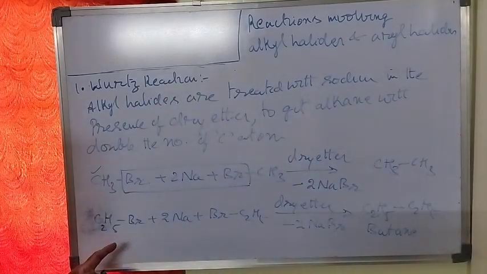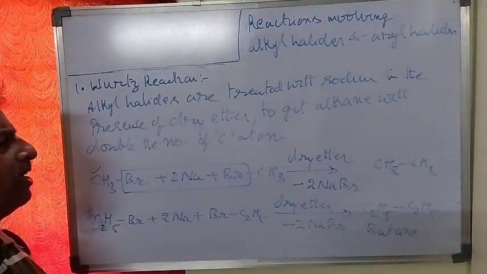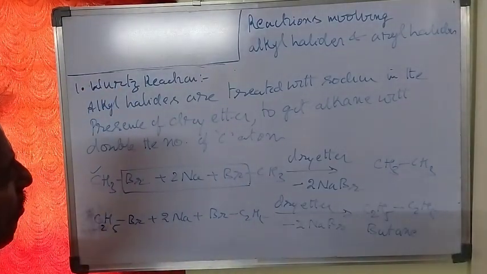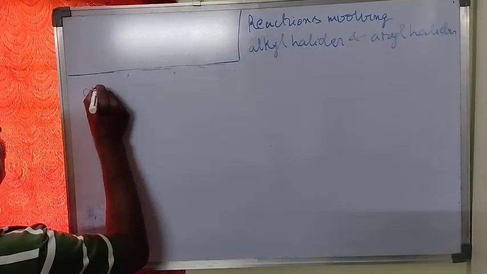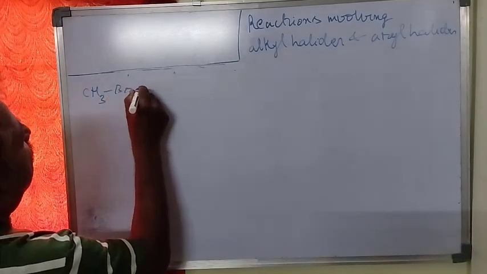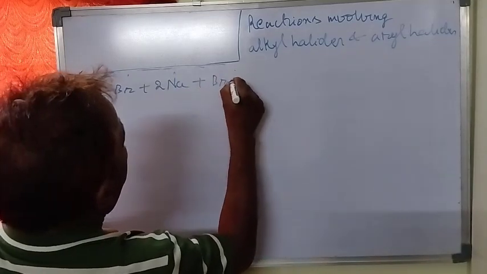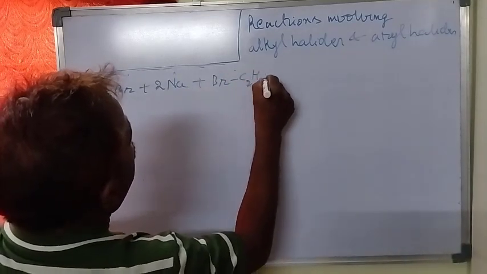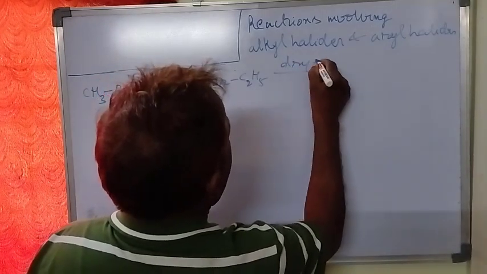So we took ethyl bromide, we got butane. Thus we get the alkane with double the number of carbon atoms. Now let us take an example with two different alkyl halides. For example, CH3Br plus 2Na plus ethyl bromide C2H5Br. What do we get here in the presence of dry ether?